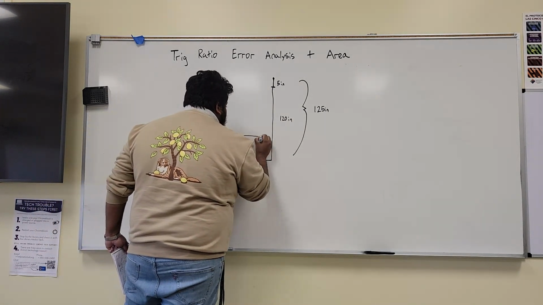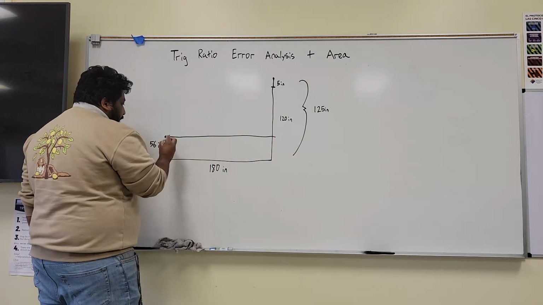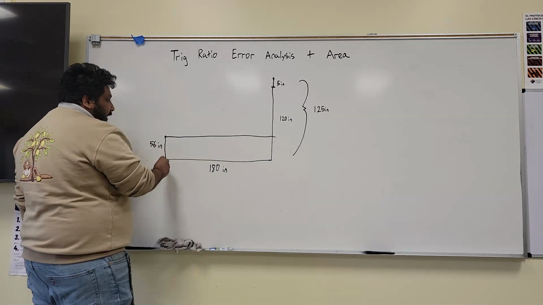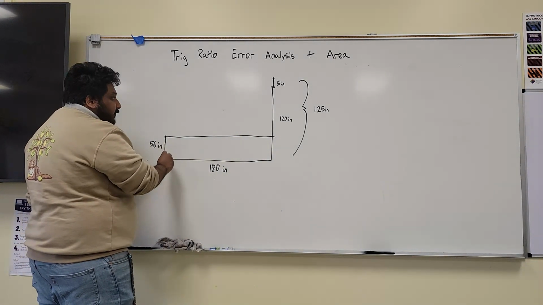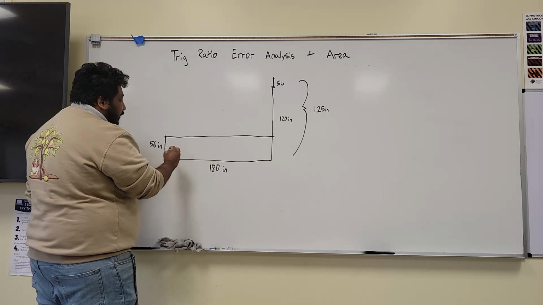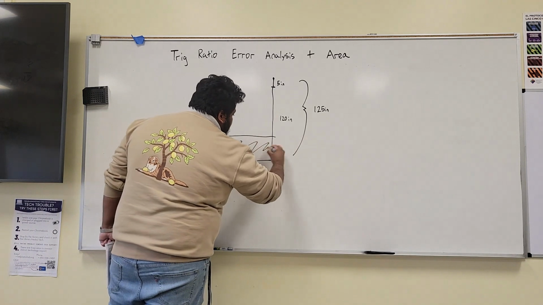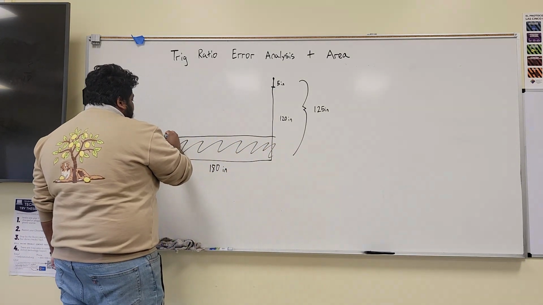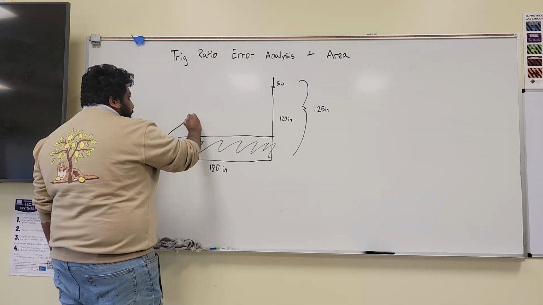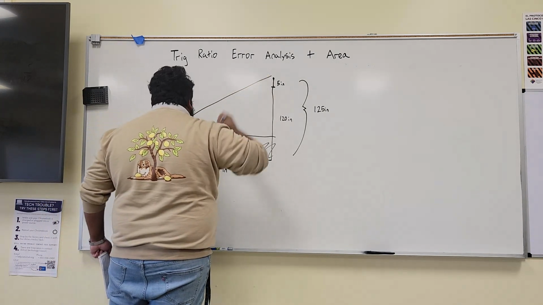That means this distance from the ground we're not going to use in our main equation, or our main diagram. We're going to call our hypotenuse this diagonal line here. I'll redraw that.